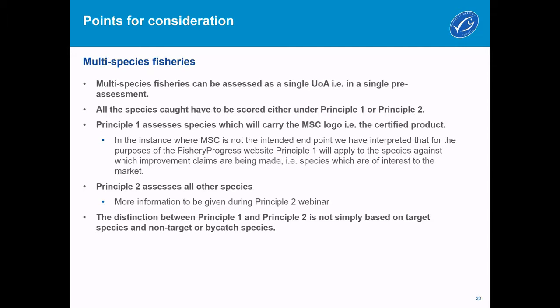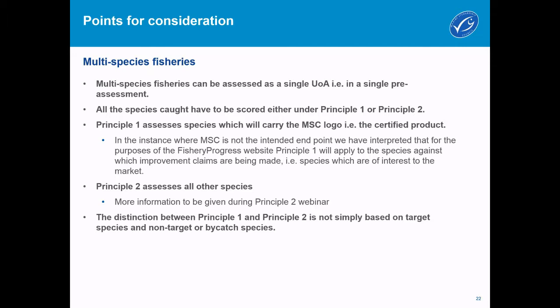The reason we've come up with this interpretation for this distinction is because there is a common misconception that the distinction between Principle 1 and Principle 2 species is based on target species and non-target or bycatch species. And that's not quite right.